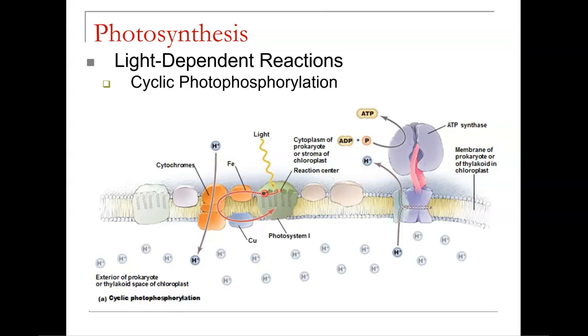Now the cell has to constantly replenish those electrons for photosystem 2. It can obtain electrons from water, for example, with oxygenic photosynthesis, or it could be anoxygenic, which obtains electrons from inorganic compounds, things like hydrogen sulfide and sulfides.